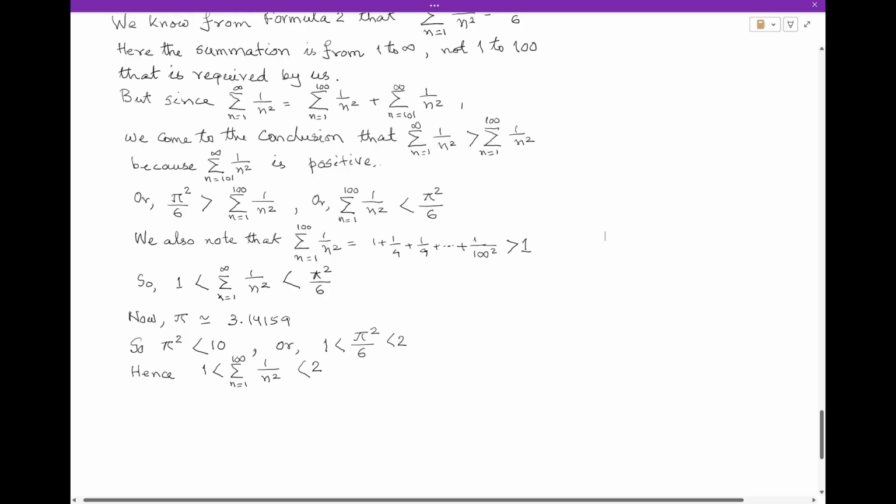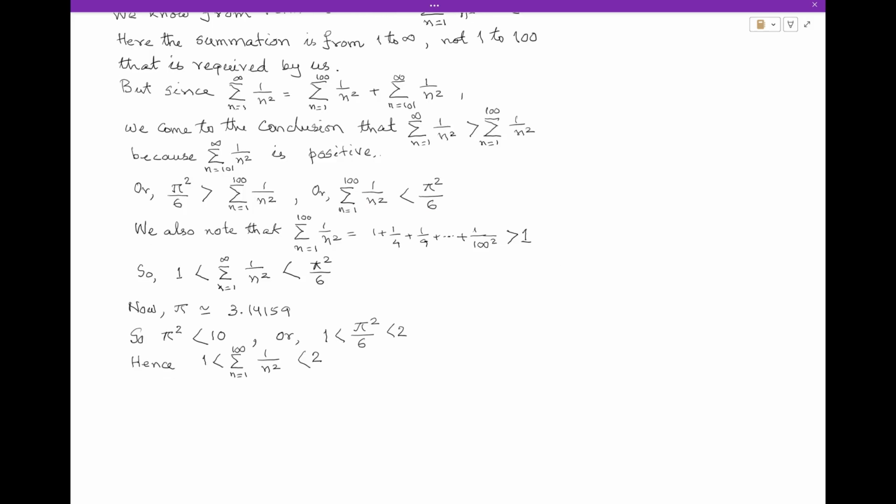So we get pi squared by 6 is greater than summation of n is equal to 1 to 100 of the term 1 by n squared, or summation of n is equal to 1 to 100 of the term 1 by n squared is less than pi squared by 6.